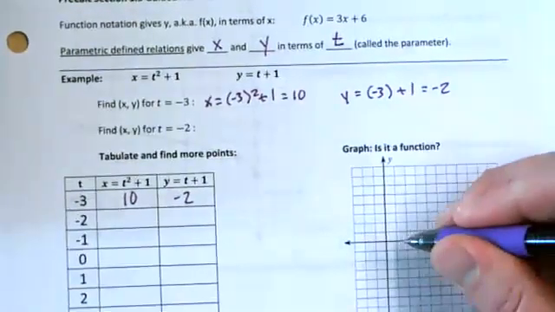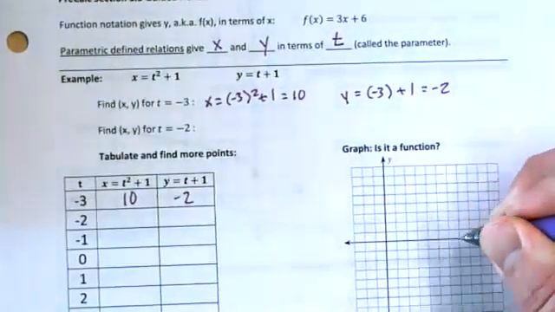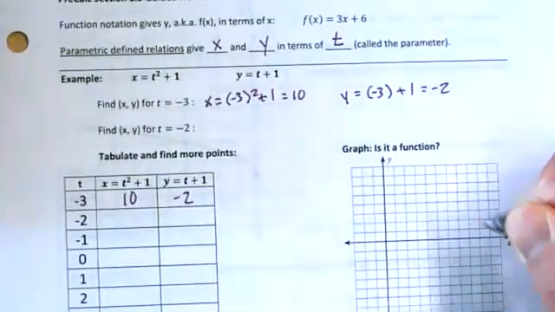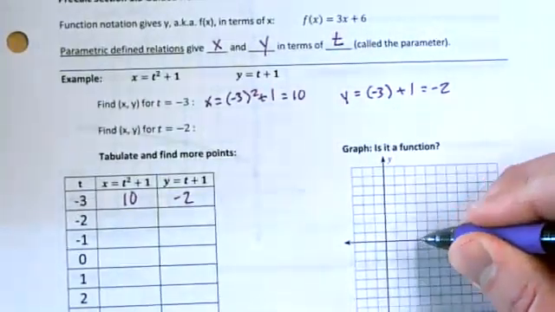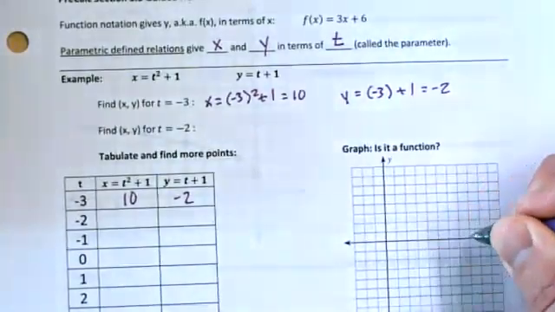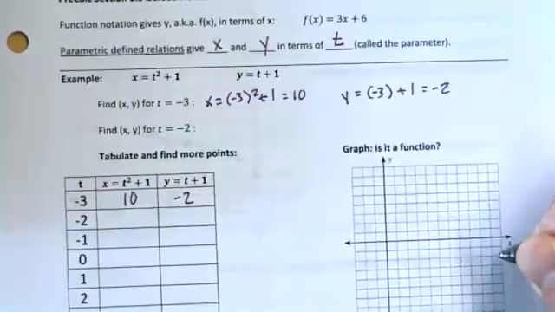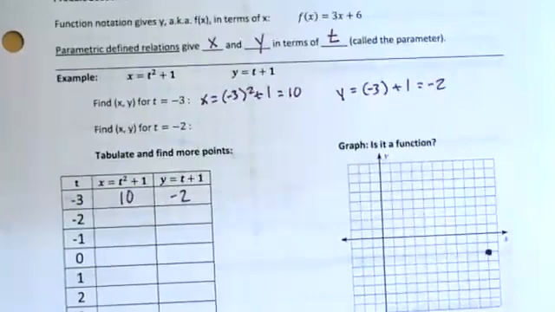So 10, 2, 3, 4, 5, 6, 7, 8, 9, 10, almost to the edge. Did I count that right? 8, 9, 10, and then down 2 will be right there. So we found our first point.